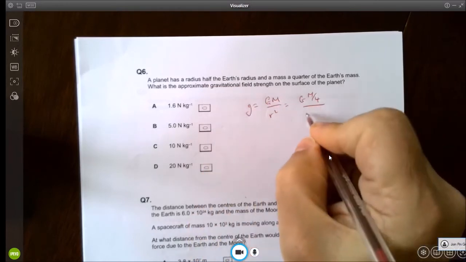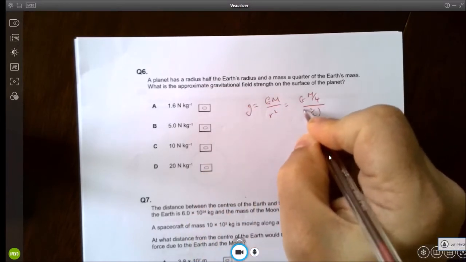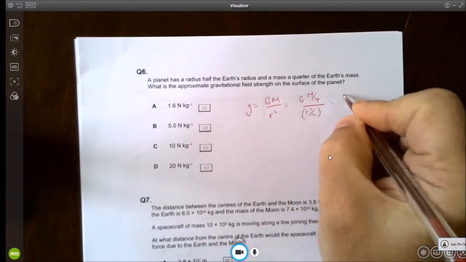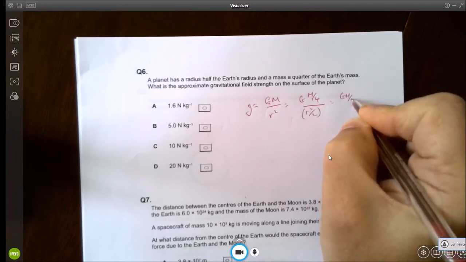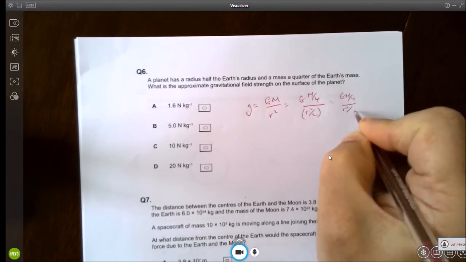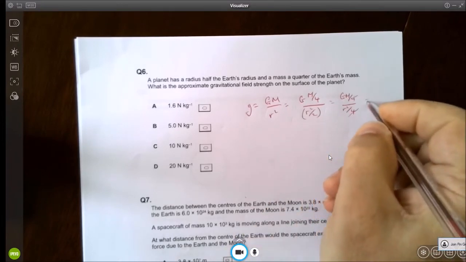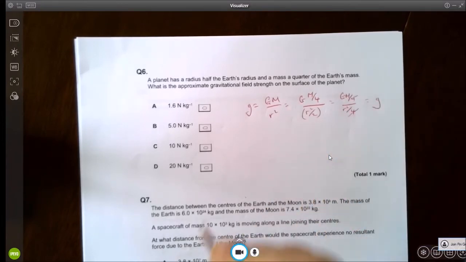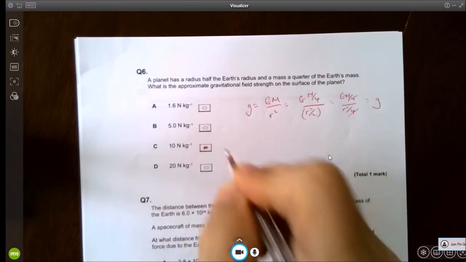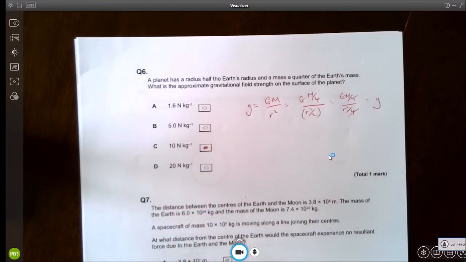Half the radius, so r squared over 4. That is GM over 4 over r squared over 4. If you multiply the brackets, the 4's cancel out and you just get back to g. So it's the same as the Earth, so the answer to question 6 is C.